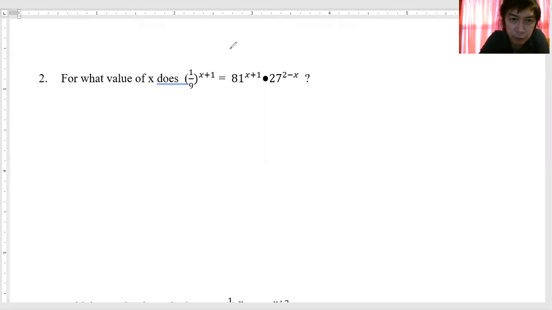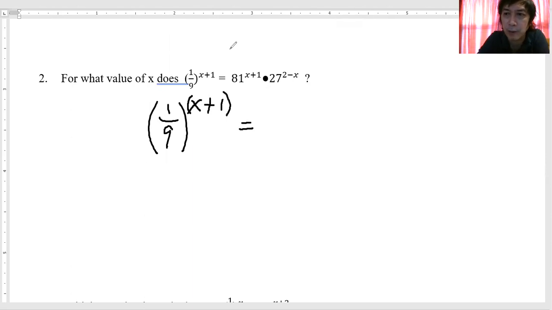So the first one is 1 over 9 there, and then this is raised to the power x plus 1. That's for the left side. The right side is another base 81, and then 81 is raised to the exponent x plus 1 there.